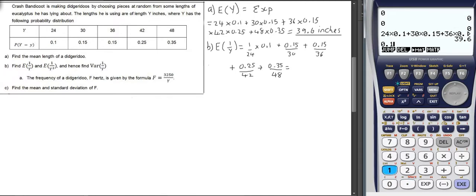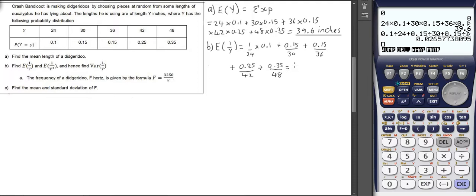And yeah, lo and behold, pretty nasty number, 0.26623 and so on.